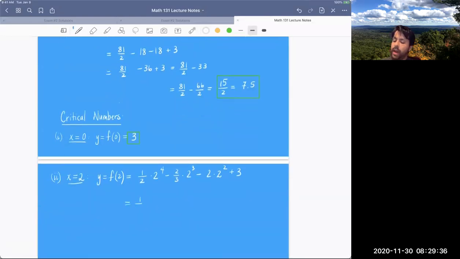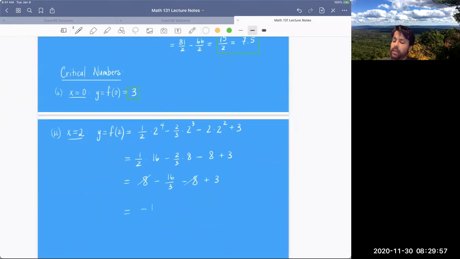So this is equal to 1/2 times 16 minus 2/3 times 8 minus 8 plus 3. So then I get 8 minus 16 over 3 minus 8 plus 3.